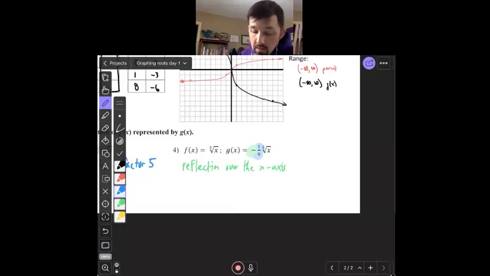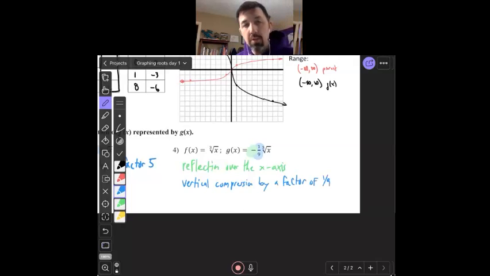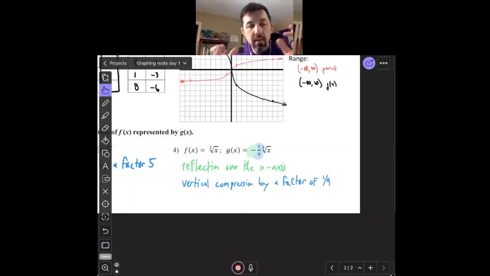And the 1/9 is less than 1, so that's a vertical compression. Again, by a factor of. Okay, so just make sure you separate those two things in your head. It's not negative 1/9, it's negative, and 1/9. And they do two separate jobs.